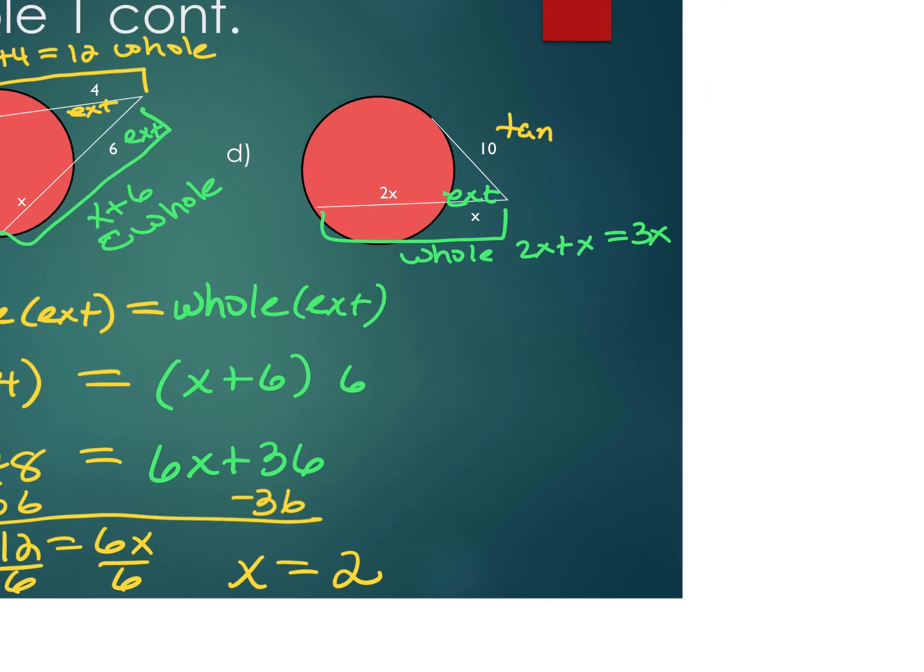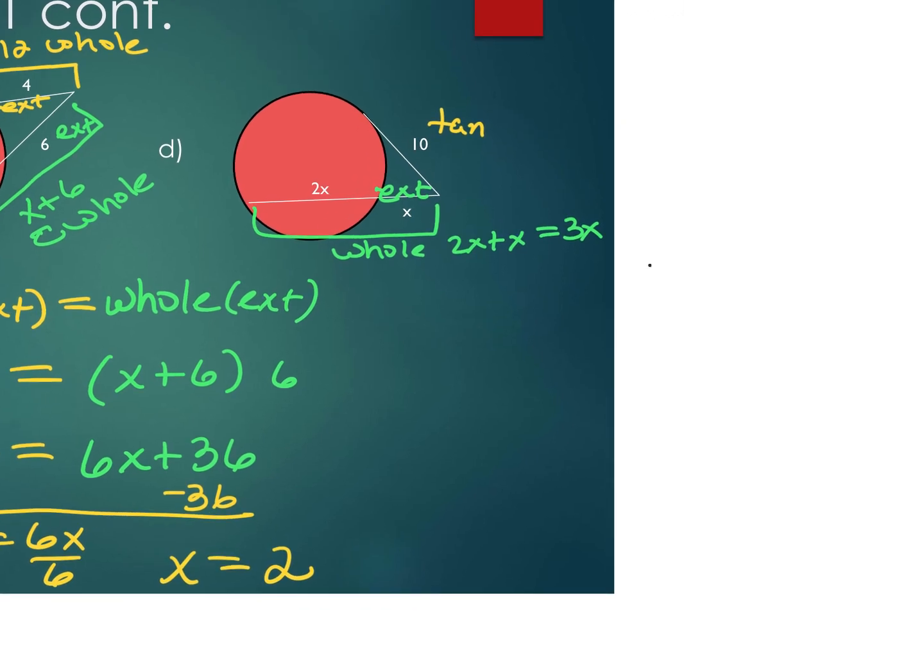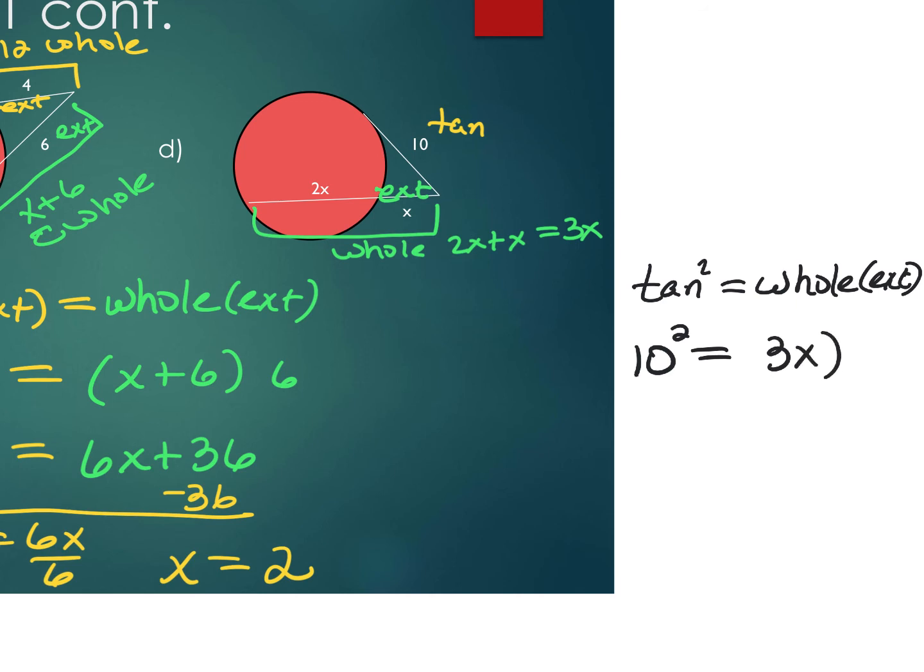So for this one, again, I'm doing tangent squared equals whole times external. So tangent is 10, so 10 squared. Whole is 3x, external is x.